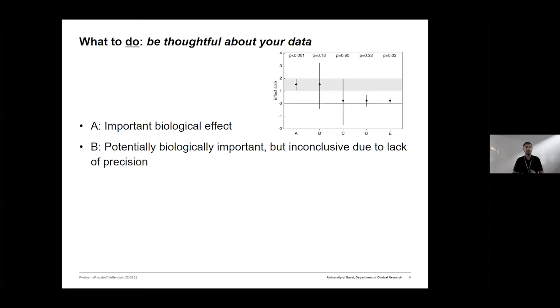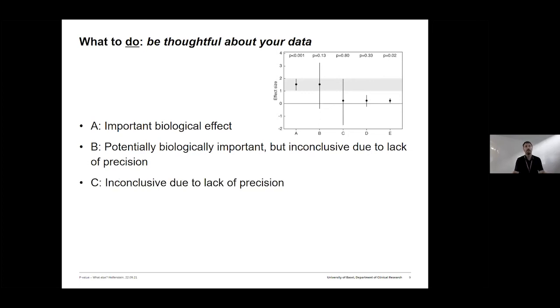This happens, this is not necessarily linked to the sample size, it might be technical issues. What really matters here is that you potentially have detected an interesting effect, but you lack precision, and the only solution to this is to either increase your sample size or increase precision in your measure.